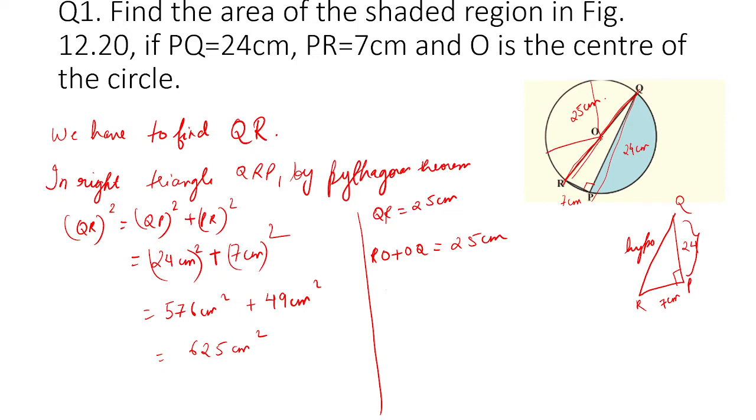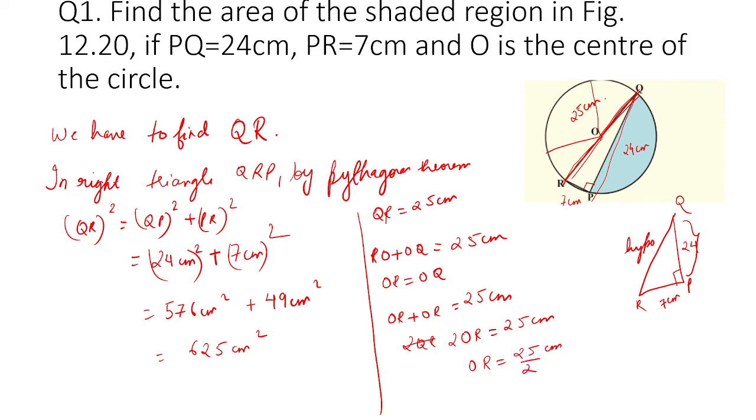So OR is going to be equal to OQ. We'll add them up: OR plus OR gives 25 centimeter. So 2OR is equal to 25 centimeter, so OR is equal to 25 centimeter by 2.